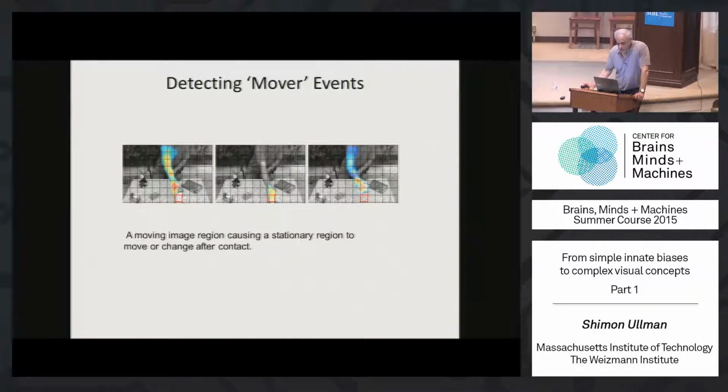So we started by developing a very simple algorithm that all it does is look at video, at changing images, waiting for mover events to occur. The way it's defined is very simple.